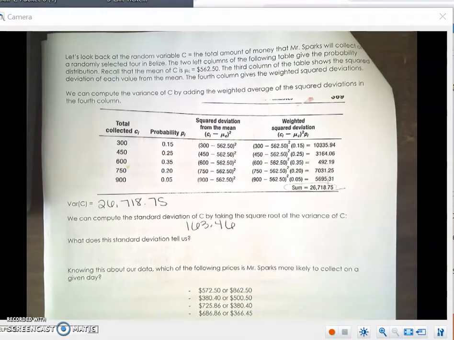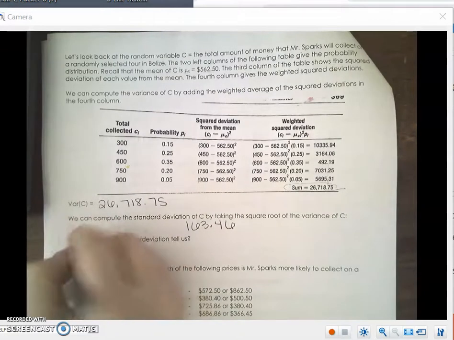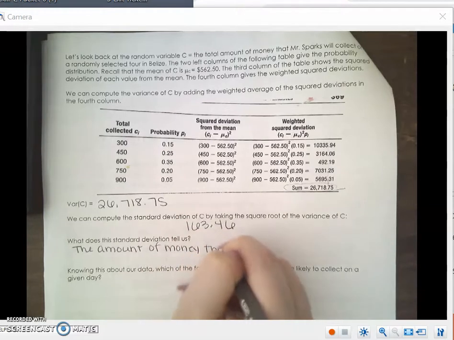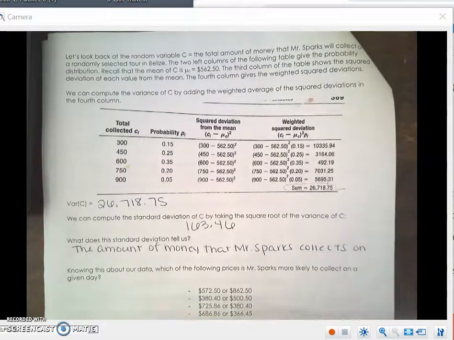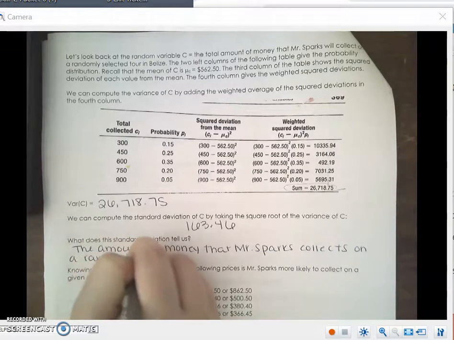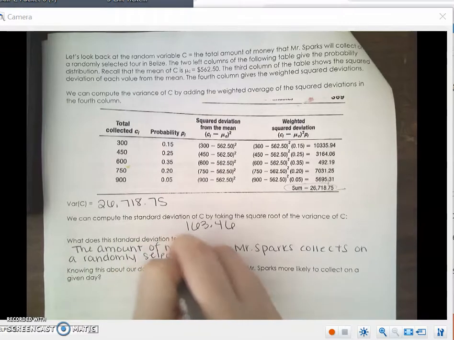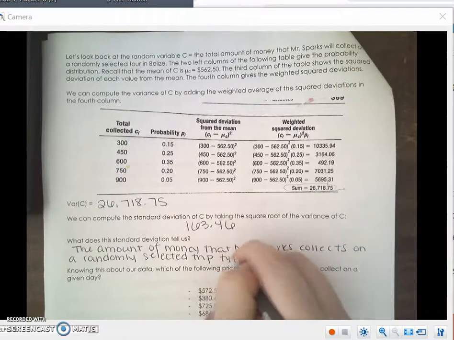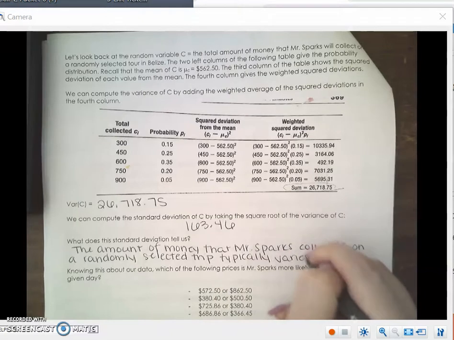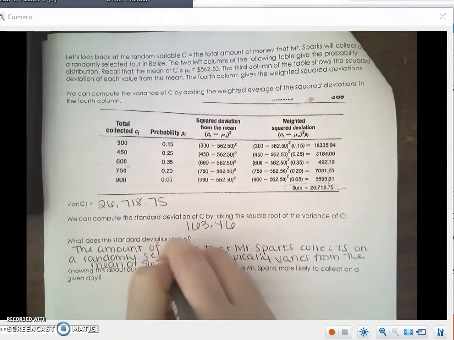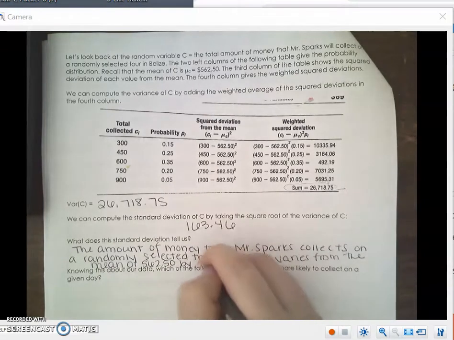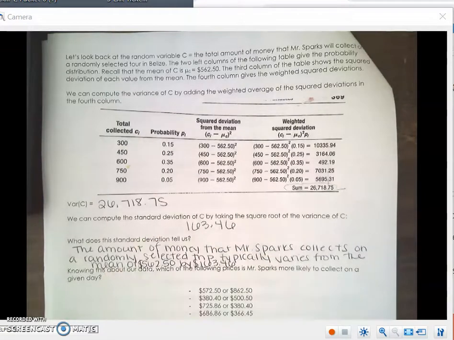So what does the standard deviation tell us? Well, the standard deviation tells us that the amount of money that Mr. Sparks collects on a randomly selected trip typically varies from the mean of 562.50 by $163.46.